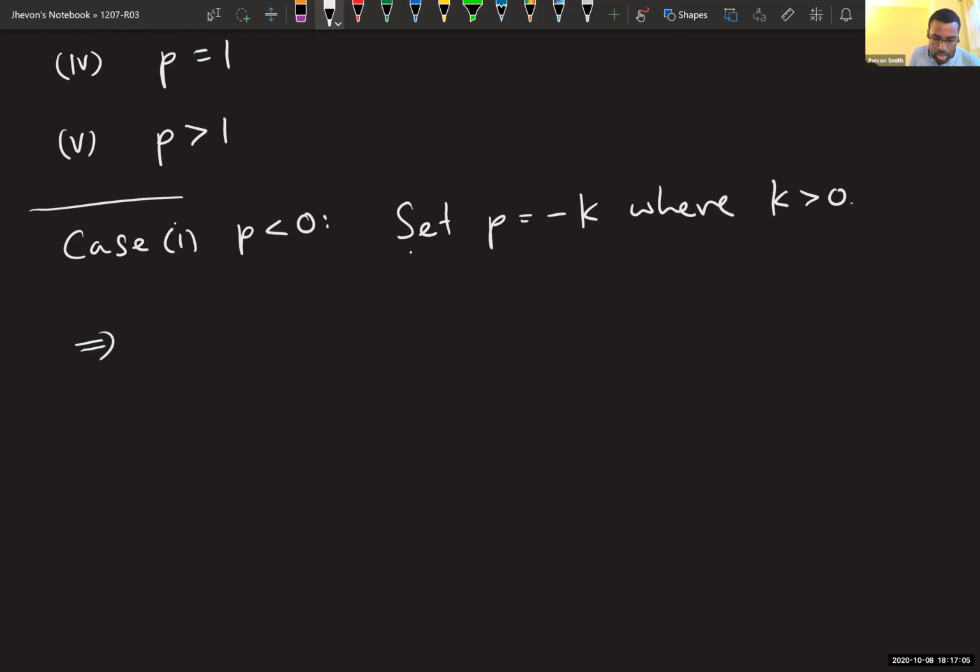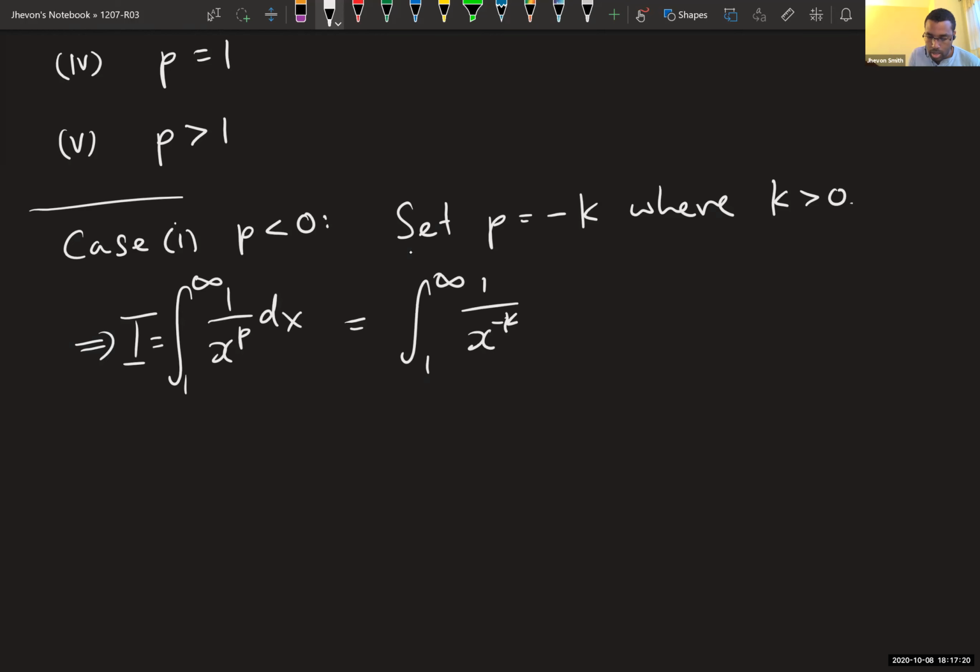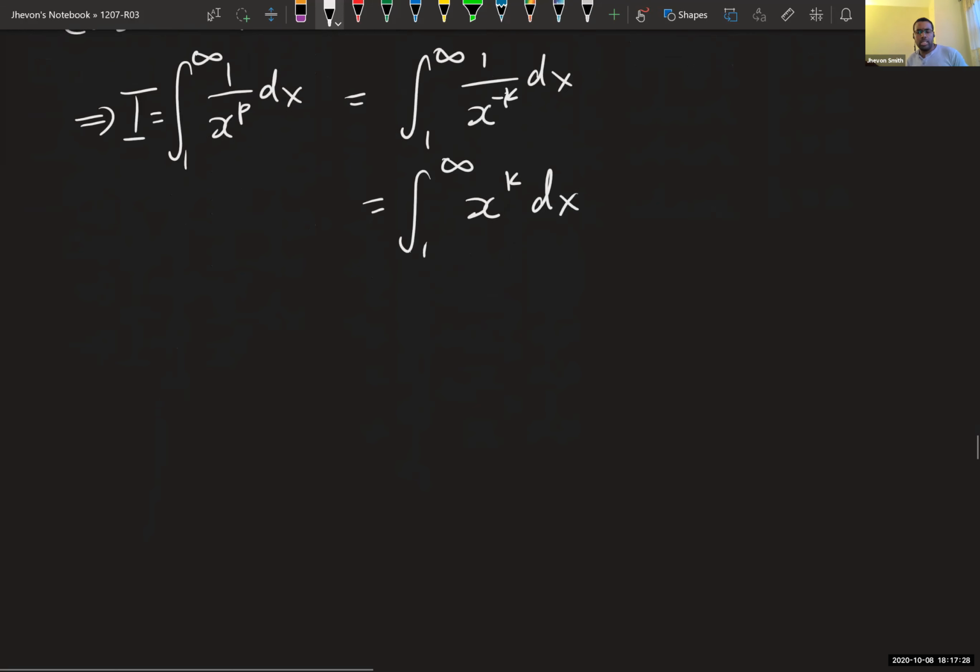This means that your integral is that guy, which now would just flip and become that guy. That's a polynomial. That's going to work everywhere. The only bad point now is infinity.